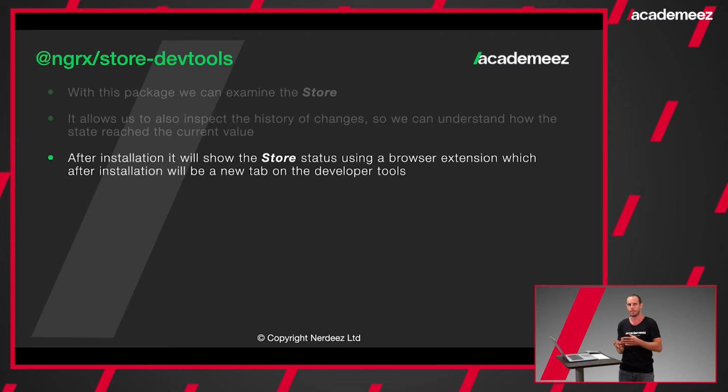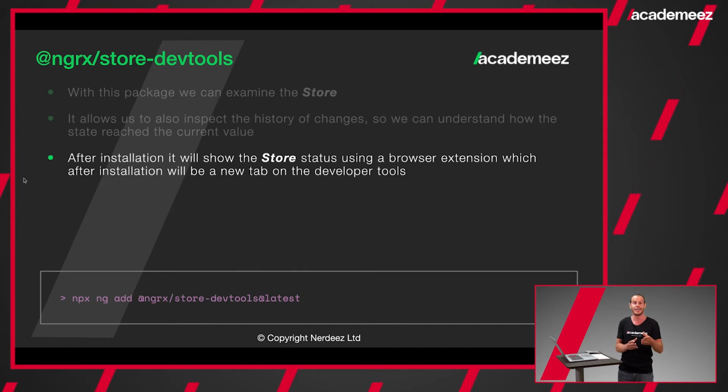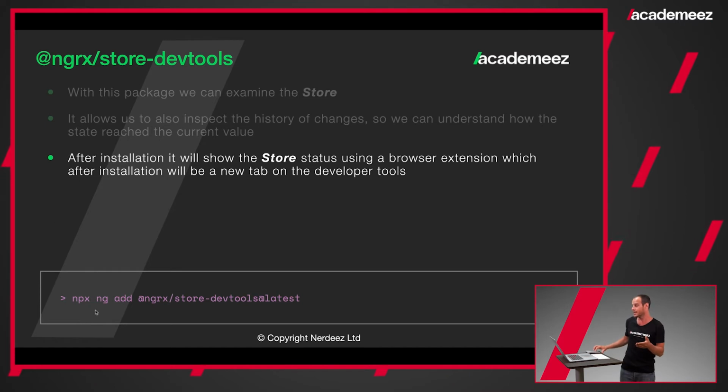So after we install the package, we're going to install a Chrome extension, and then you will see the store content, the store developer tools, in your Chrome developer tools. And the NgRx packages come with easy installation using the ng add command. So the command to install it is ng add @ngrx/store-devtools@latest.